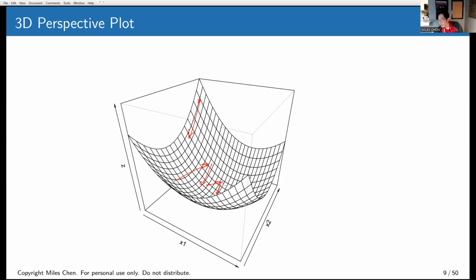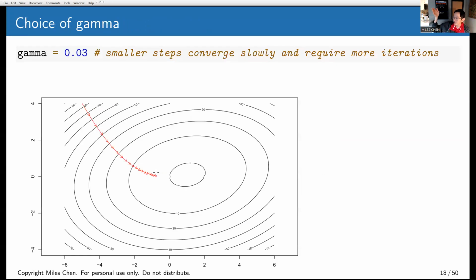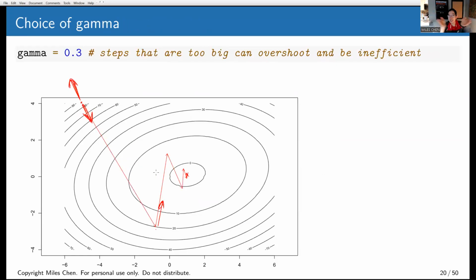What could also happen is, if I start over here and it says you need to go in this direction, I take such a big step that I end up further up the slope on the valley, uphill but on the opposite side.